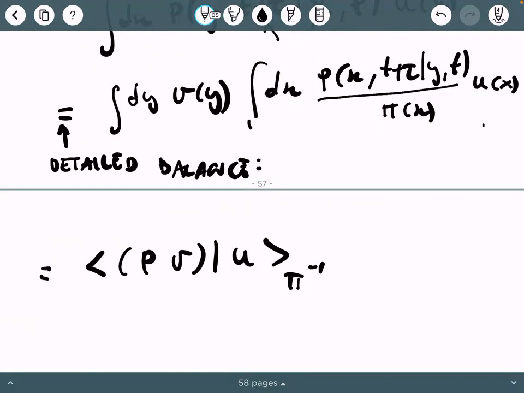Okay, so this is an important property. Why do we care about this being Hermitian? Because it tells us something that we knew already, that its spectrum is real and the eigenmodes are real.